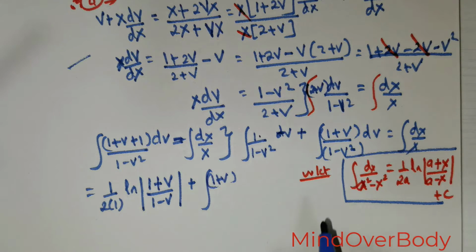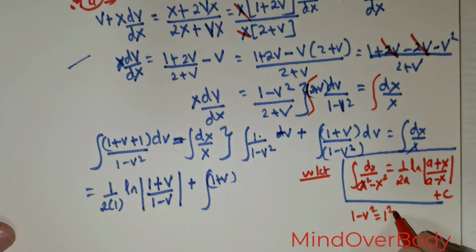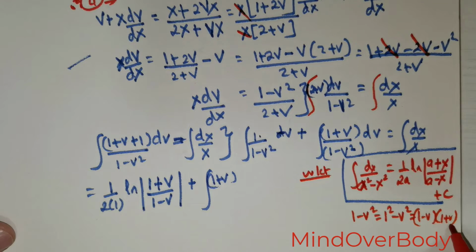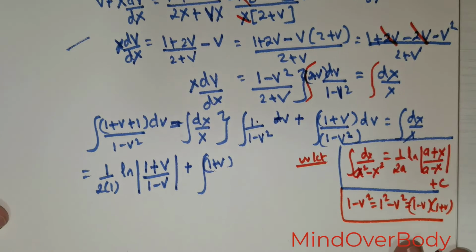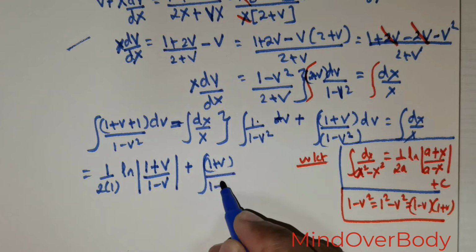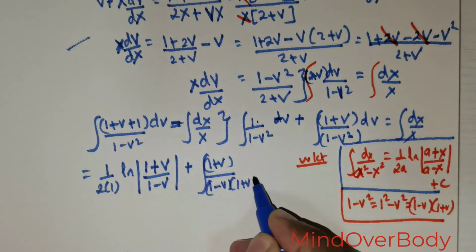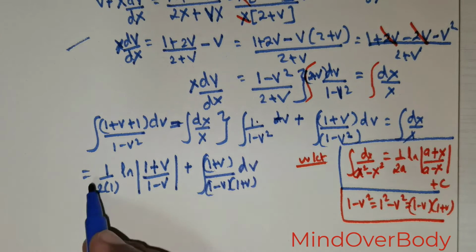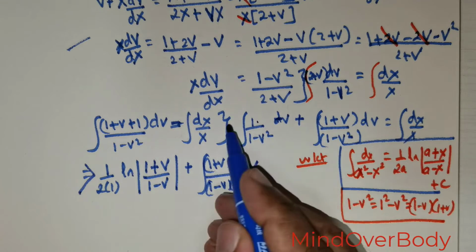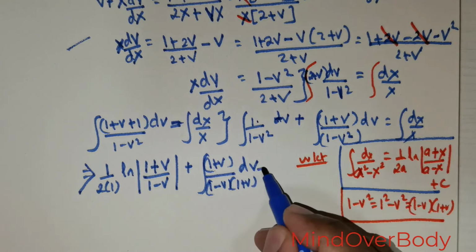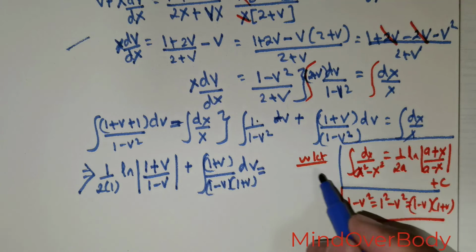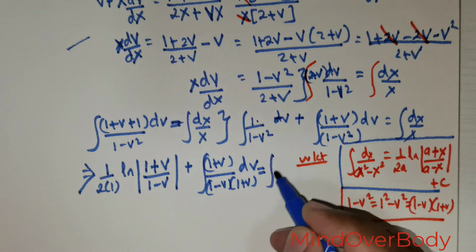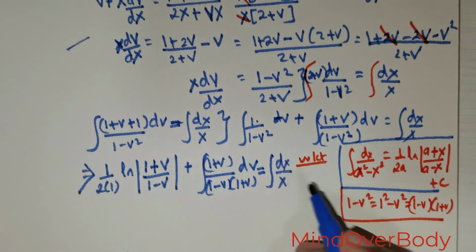Now this 1 minus v squared, I can rewrite as 1 squared minus v squared, which is nothing but 1 minus v times 1 plus v, right? So this is 1 minus v times 1 plus v times dv. So in fact I should place implies because this is all left hand side. So this is equal to integral dx over x. So let me just retain it like that just for the time being.